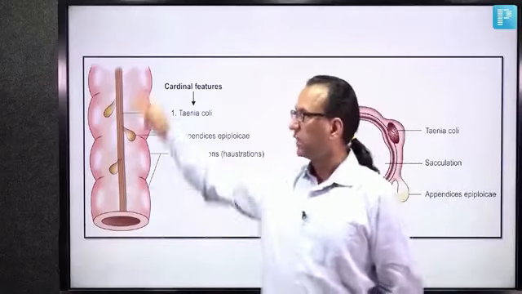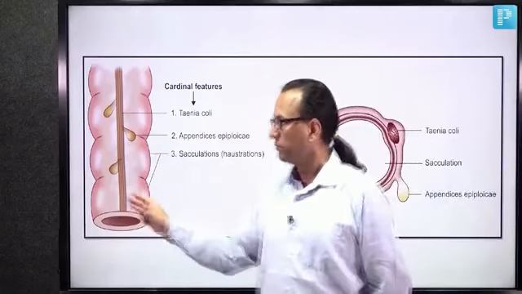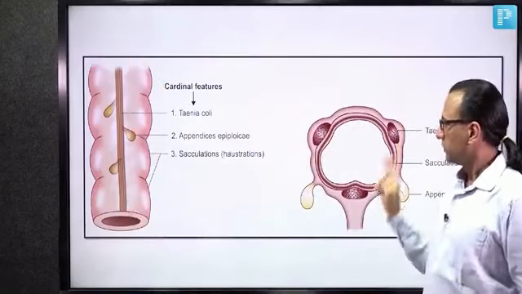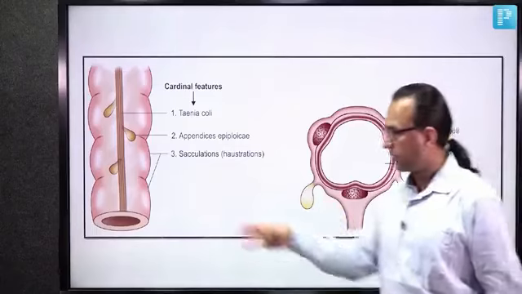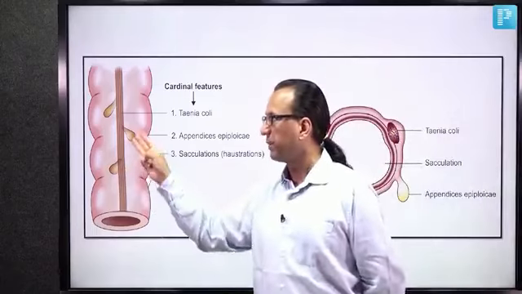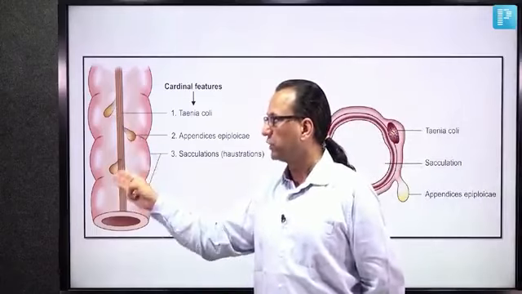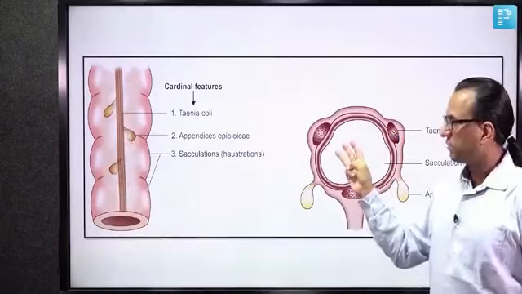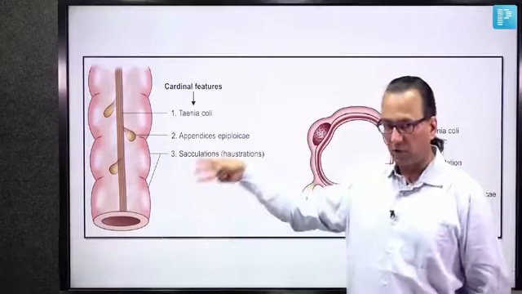Number two, there is a longitudinal thickening of the muscles forming three bands called the taenia coli. And number three, the appendices epiploicae, peritoneal pouches filled with fat related with the taenia coli. These things will be missing from the small intestine or stomach.